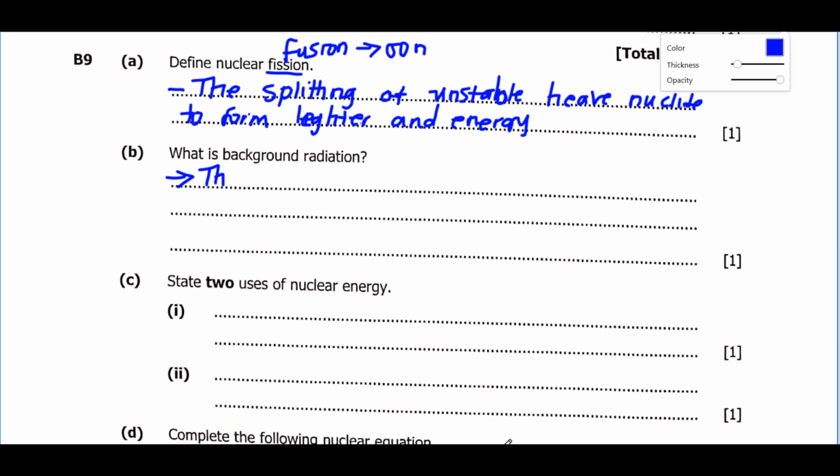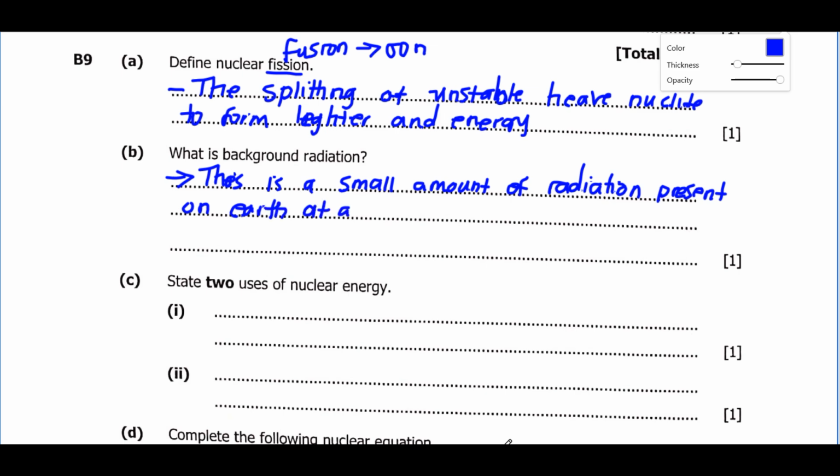So say this is a small amount of radiation present on Earth at all times. Then question C, state two uses of nuclear energy.